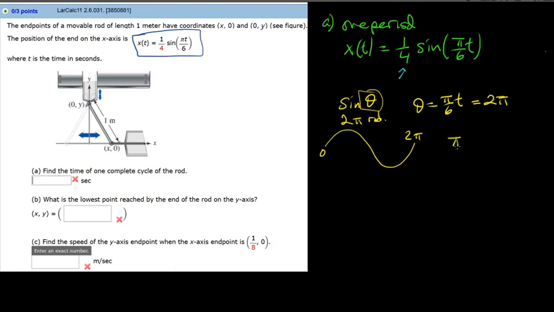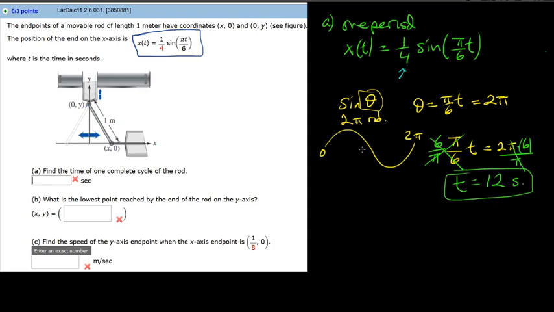If this is pi over 6 times t, and that's equal to 2 pi, we could divide by pi over 6 or multiply by the reciprocal, 6 over pi. So these cancel, and the pi's cancel here too, and your period should be 2 times 6, which should be 12 seconds.